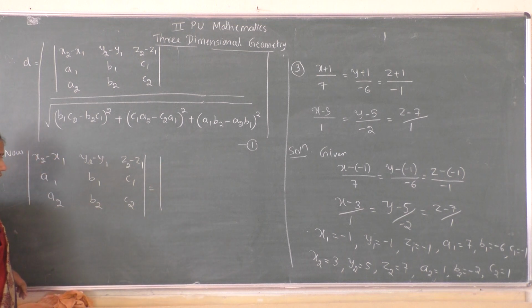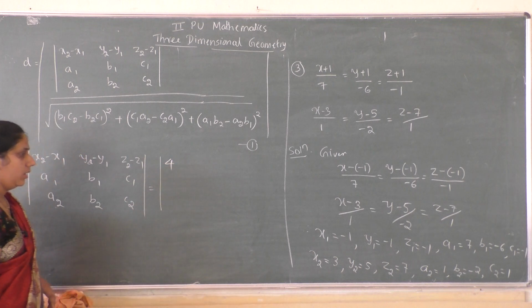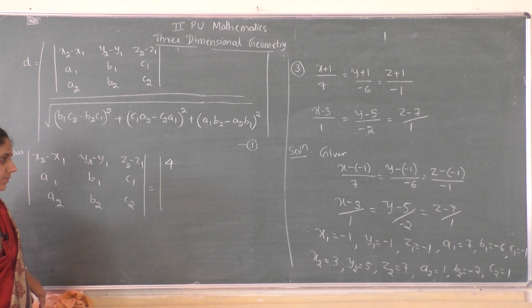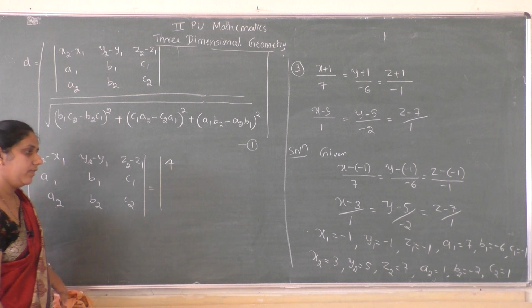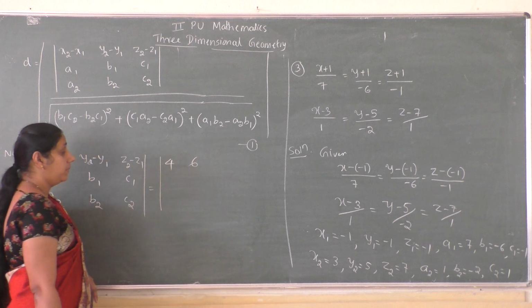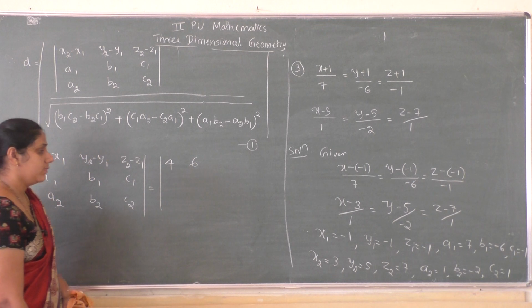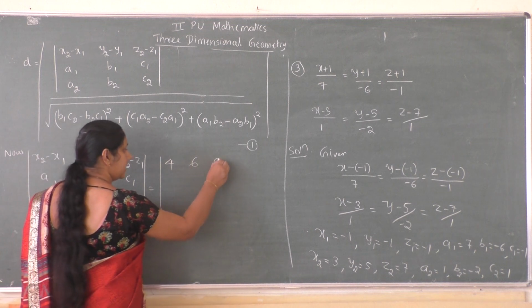We have x2 as 3 minus of minus 1, that is 3 plus 1, 4. y2 is 5, y1 is minus 1, so y2 minus y1 is 5 plus 1, 6. What about z2 minus z1? 7 minus of minus 1, that is 8.